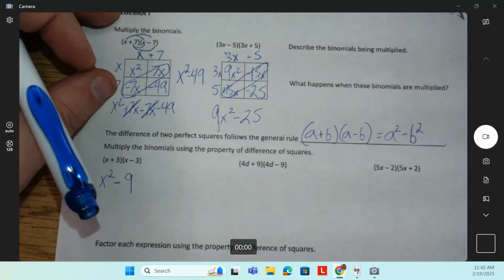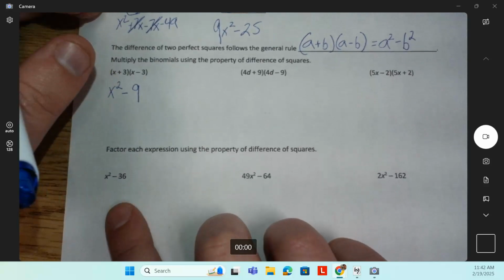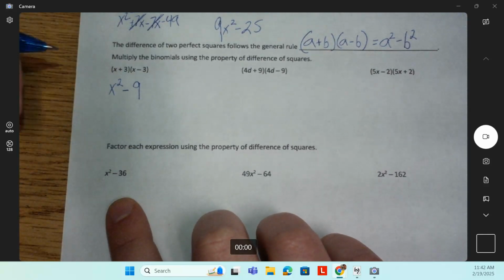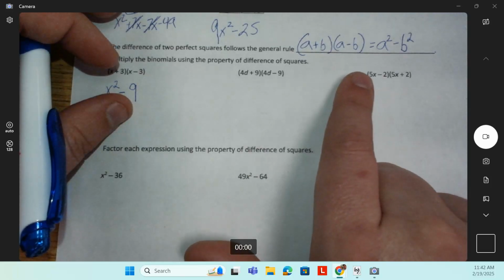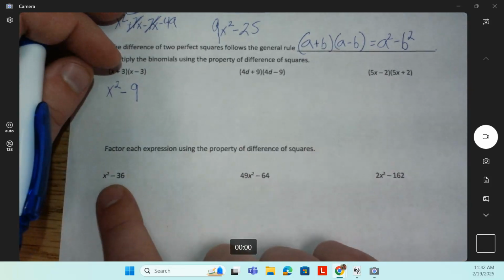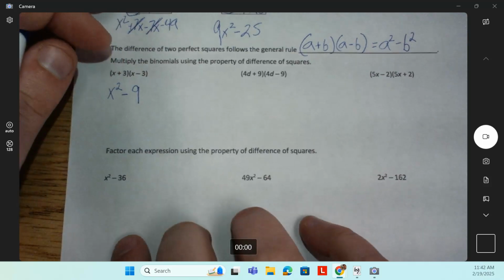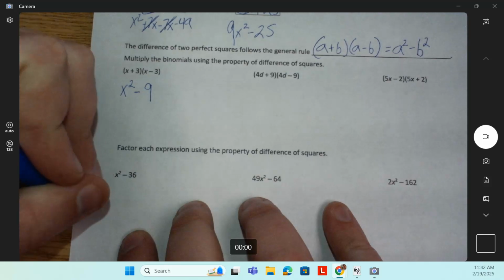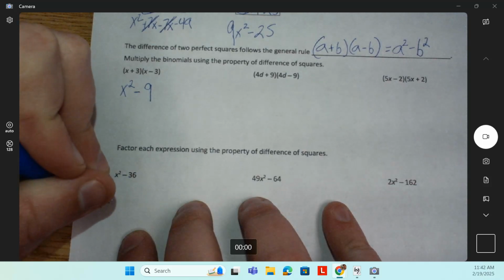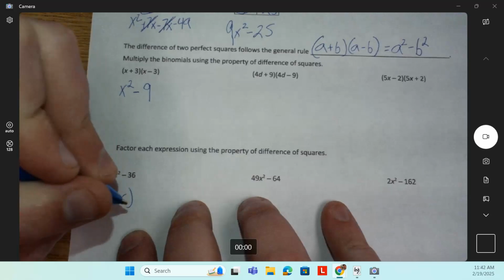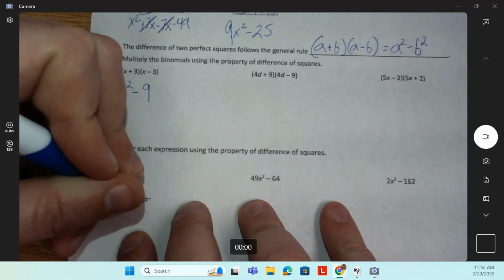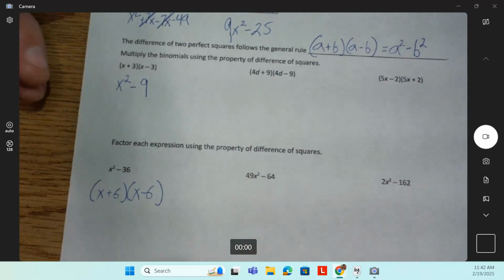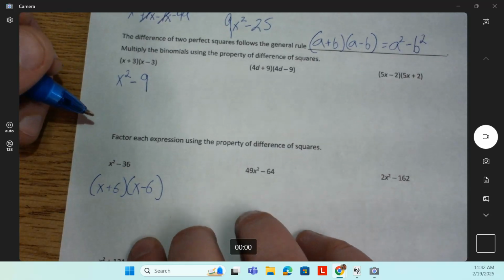But what I really want to look at is what do you do if you've got the opposite? Well, I can work this backwards and say, well, this is something squared minus something squared. So if I take the square root of both of those, that'd just be x plus 6 times x minus 6. And we can think about it a couple of different ways.